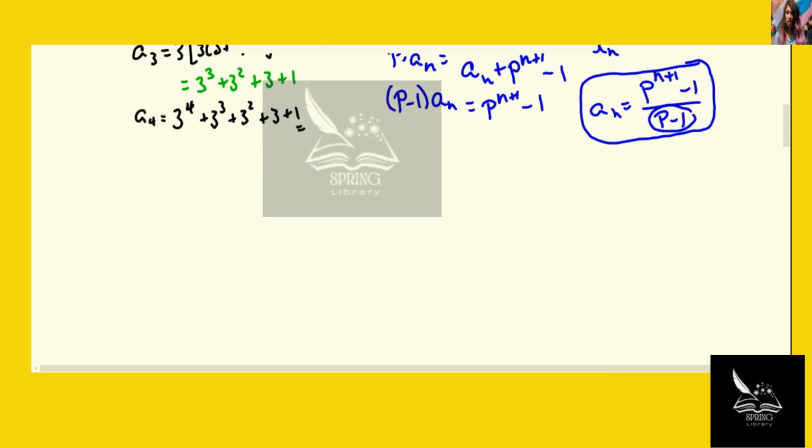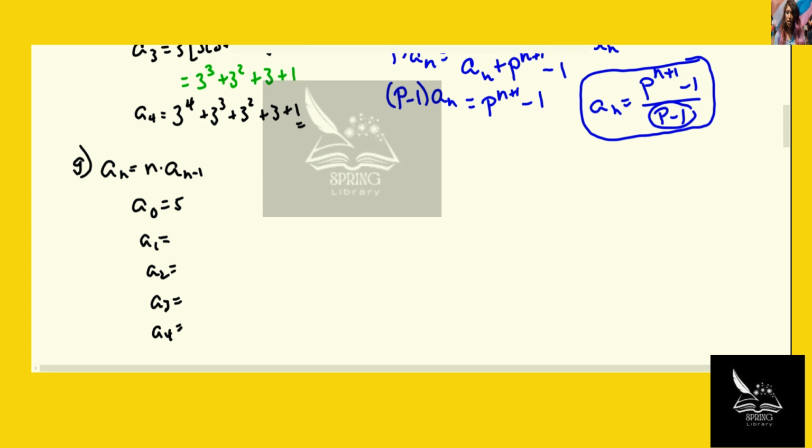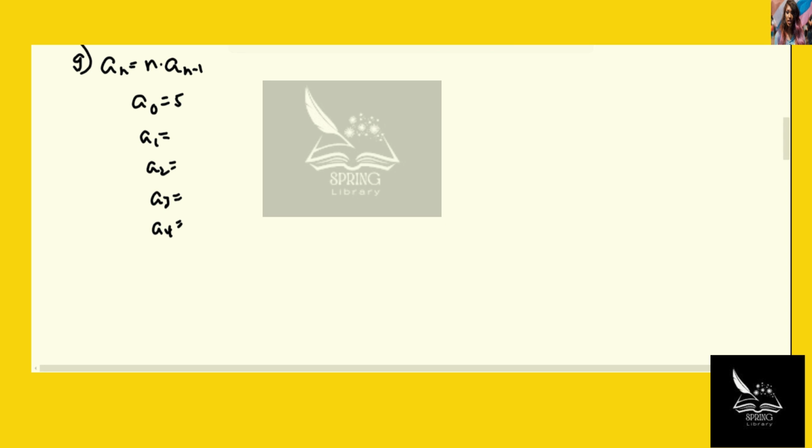Okay, we have 2 more to go. Let's look at G. G is a sub n equals n times a sub n minus 1, and we're starting with a sub 0 equals 5. Let me go down and look at a few entries here. So a sub 0 is 5.